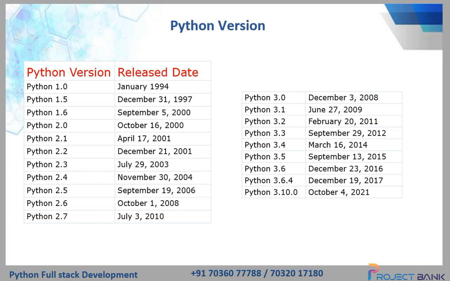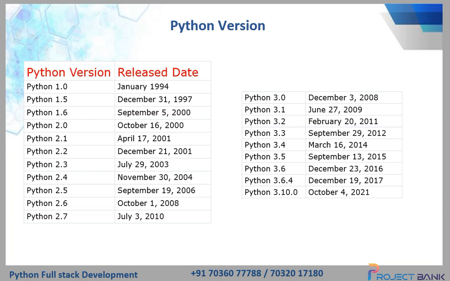Next, coming to the Python versions, the first version, 1.0, was released in the year 1994 itself. That means Python is not a new language; it is very, very old. Now it is getting more popular because it has n number of libraries, which is why we can develop various applications. 1.0 was released in 1994, and version 1.5 in 1997.